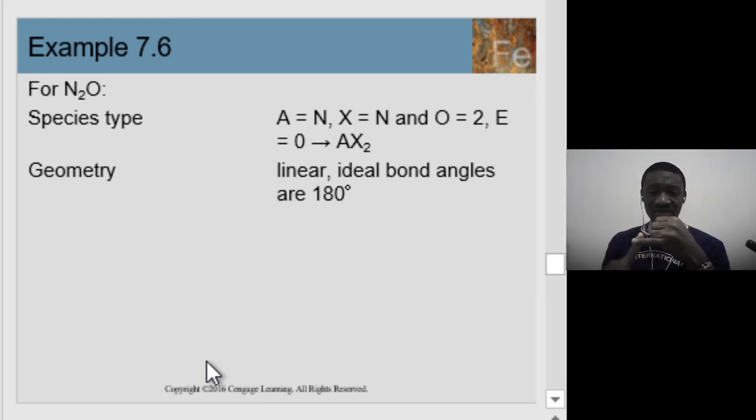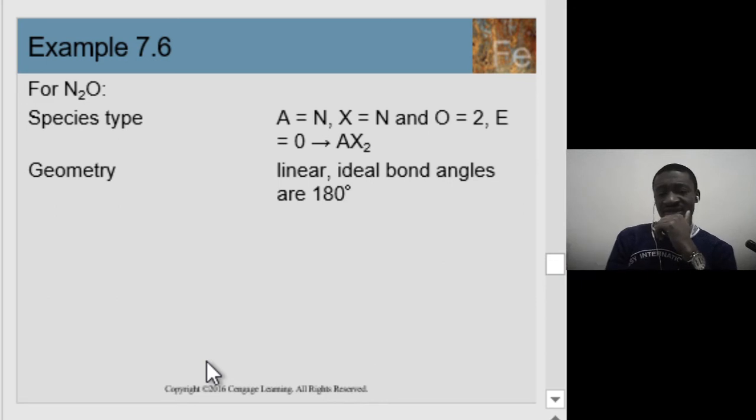It's the central and it's the terminal, hence you have a linear shape in this case, where it's going to be X, O. Does that make sense? So it's O and 2 X's, hence it's straight linear.